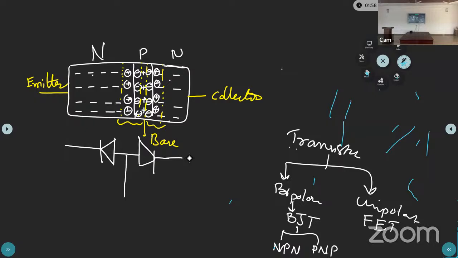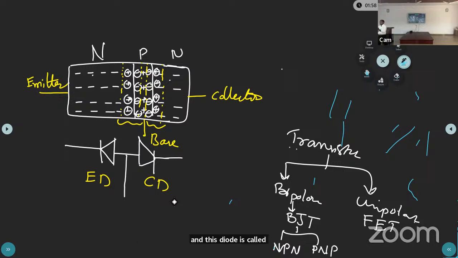The base and the collector, those are the two PN junctions. This diode is called the emitter diode, and this diode is called the collector diode. You can remember the words.